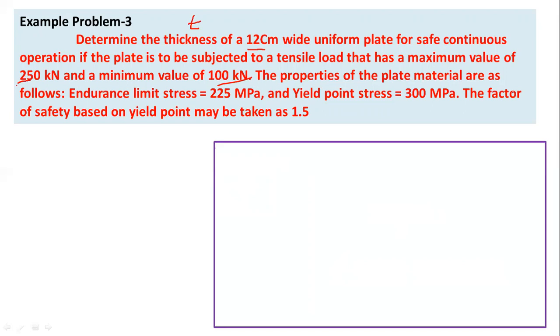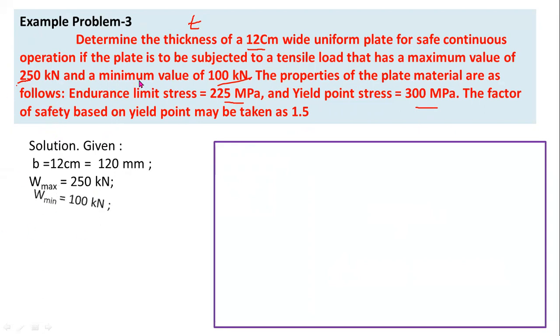The properties of the plate material are as follows. Endurance limit, that is sigma E equal to 225, and sigma Y, yield stress, equal to 300, and factor of safety Fs equal to 1.5. From the given question, width of a plate equal to 12 centimeters, that is 120 mm, and maximum load equal to 250 kilonewtons, and minimum load equal to 100 kilonewtons.